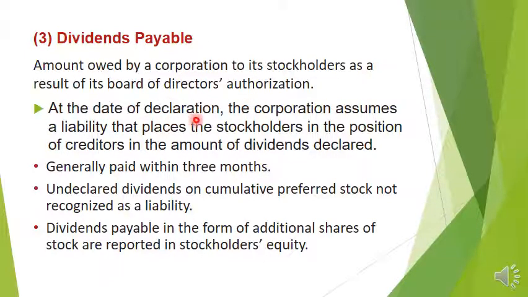At the date of declaration, the corporation assumes a liability that places the stockholders in the position of creditors in the amount of dividends declared, generally paid within 3 months. Undeclared dividends on cumulative preferred stock are not recognized as a liability. Dividends payable in the form of additional shares of stock are reported in stockholders' equity.